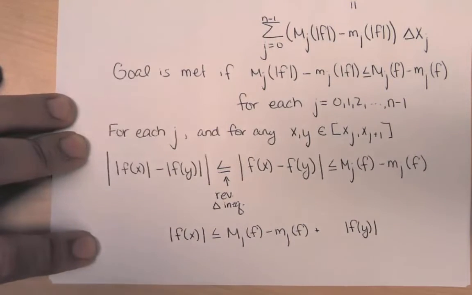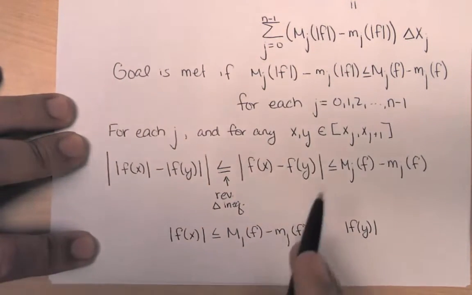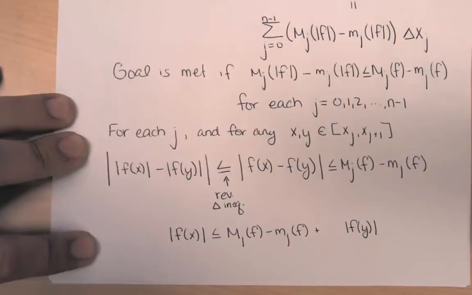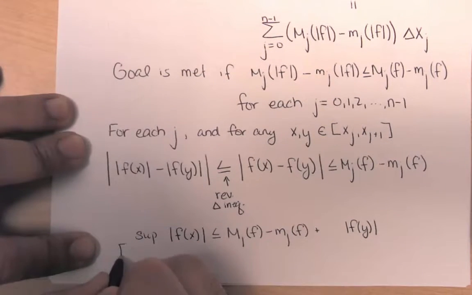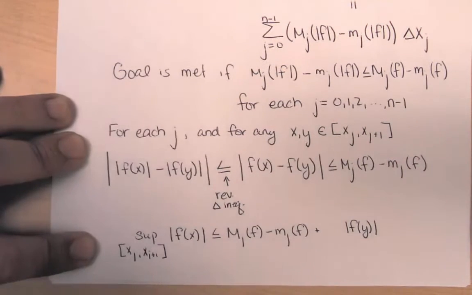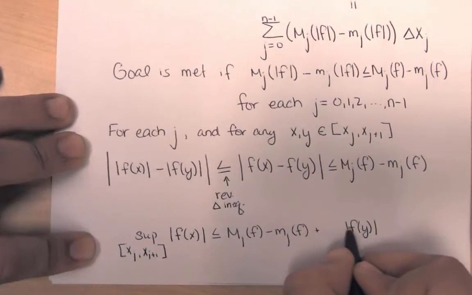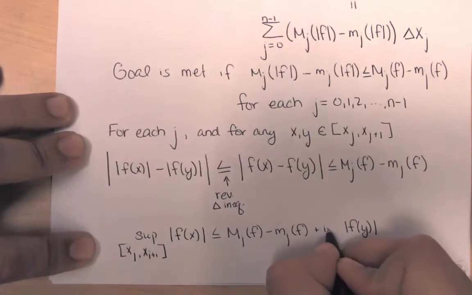And notice that x and y are arbitrary values in my subinterval. So this is true even if I take the supremum over the subinterval, because it's true for every x. And since it's true for every y, it's true if I take the smallest.